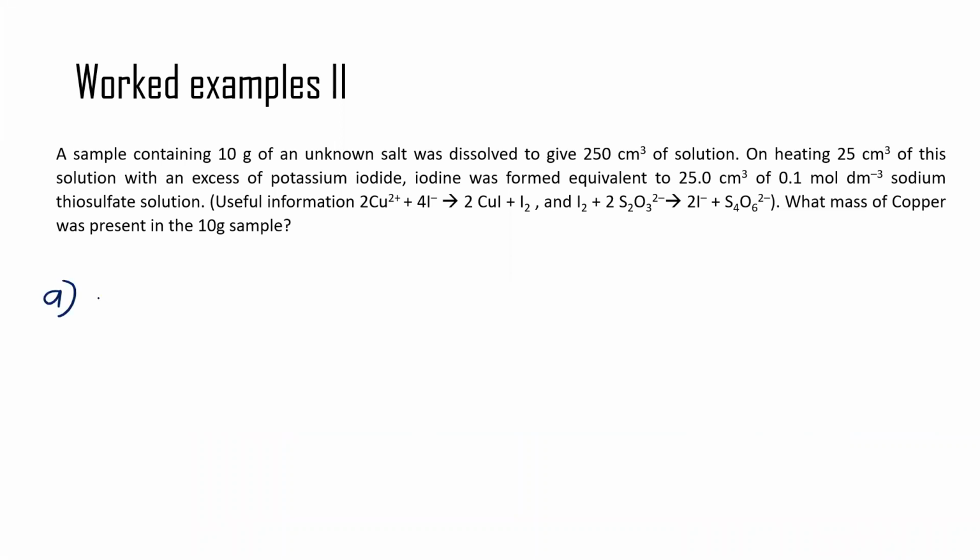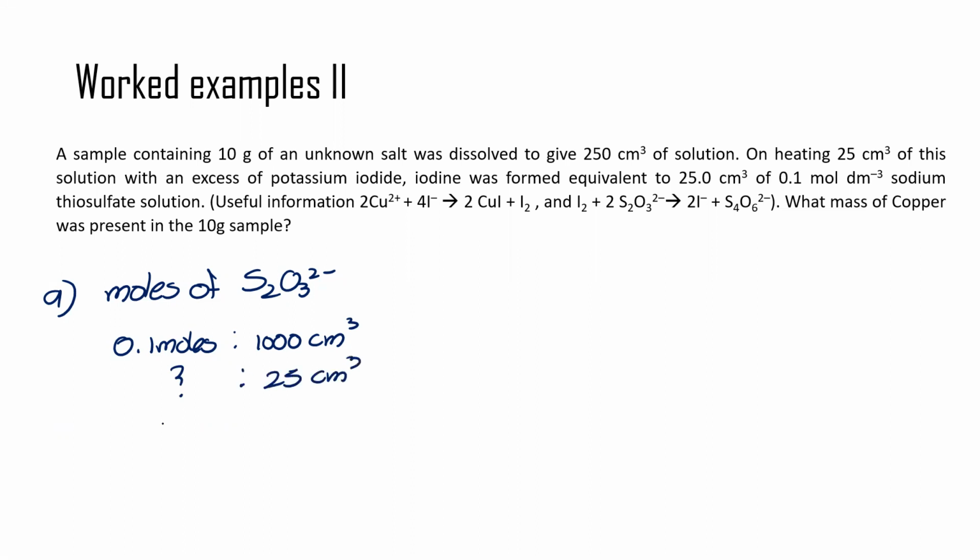So A is moles of S2O32 minus, and this will be 0.1 moles in 1000 centimeter cubed. How many moles in 25 centimeters cubed? And this will be 25 over 1000 times 0.1, which is equal to 0.0025 moles.